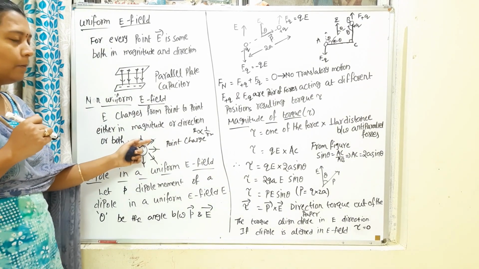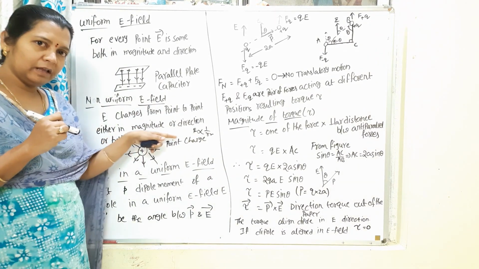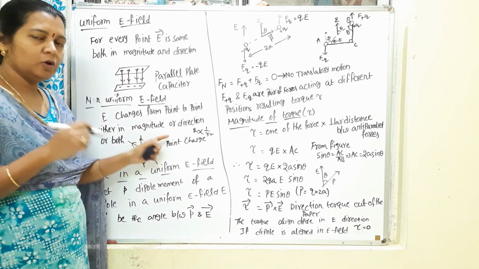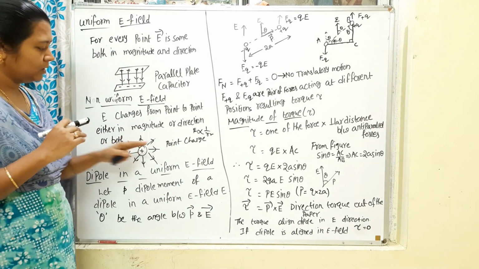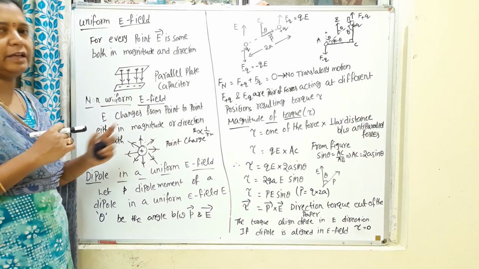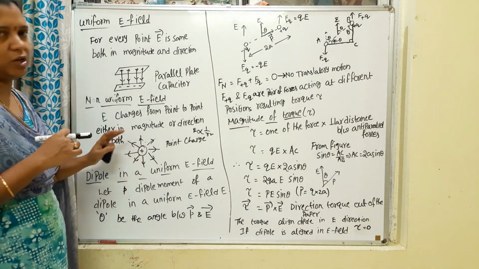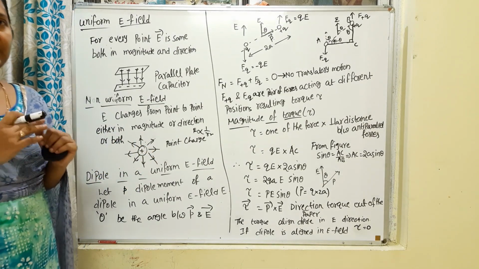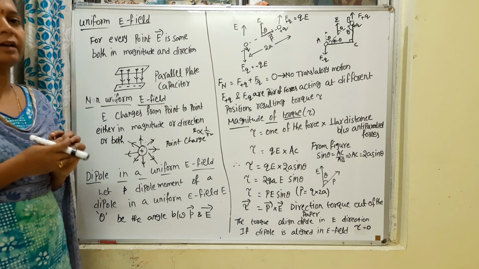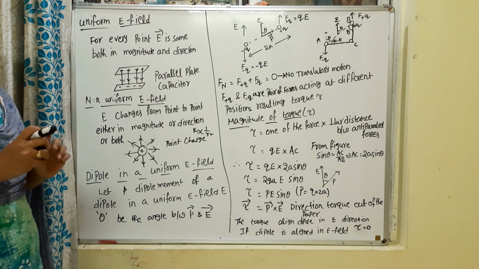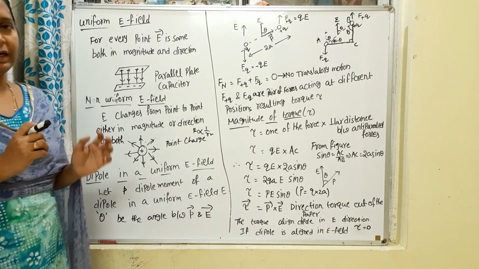So at different points, both the magnitude and direction of the electric field change. This indicates a non-uniform electric field.